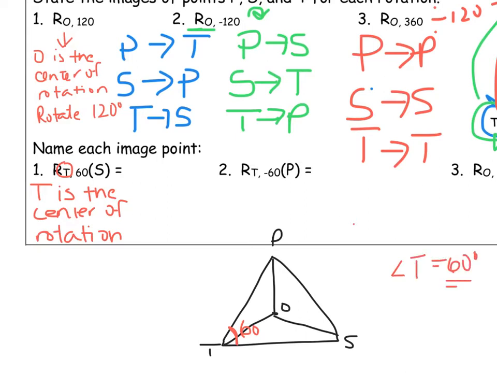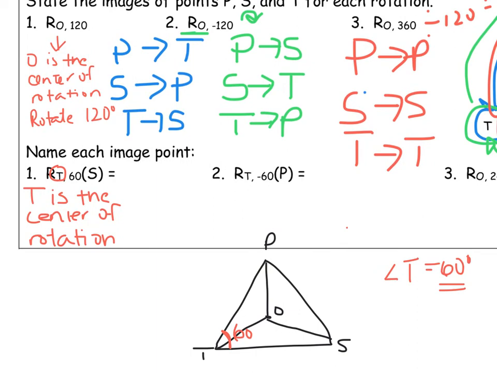So 60 degrees is one rotation when the center of rotation is T. If angle T was 80 degrees, which it wouldn't be, but let's say angle T was 80 degrees, then one rotation would be 80 degrees, and so forth and so on. So we are going to rotate point S, which is right here.